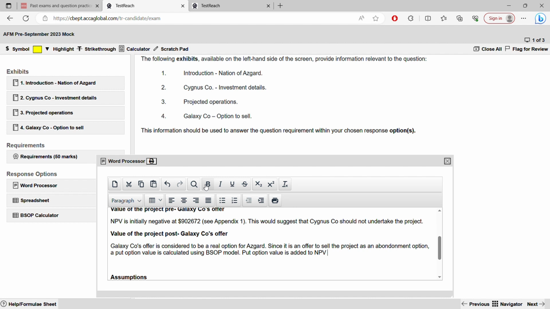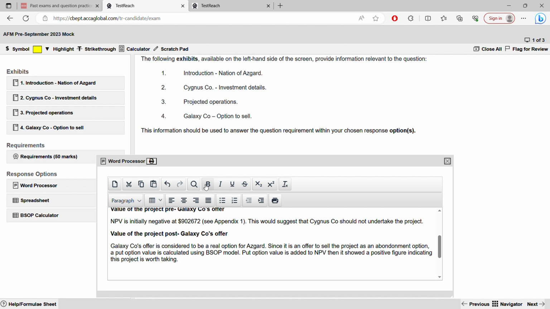Put option is added to net present value. Then it showed a positive figure, indicating this project is worth taking, or you can say going ahead.